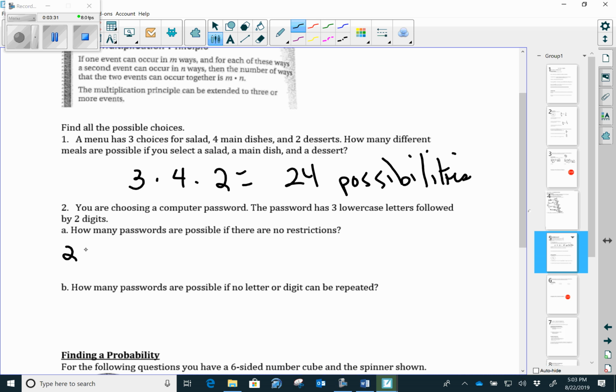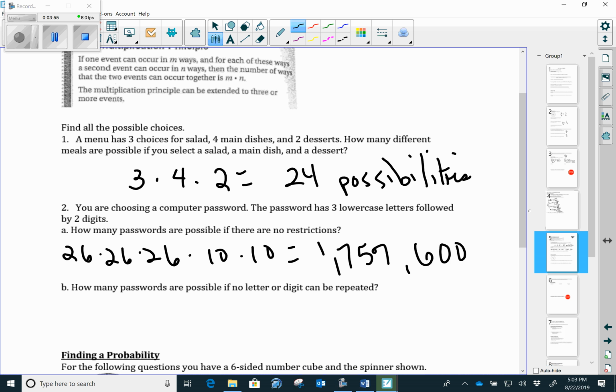So 26 times 26 times 26 times, followed by 2 digits. Well, how many? There's 10 digits. So then you multiply that out, you get 1,757,600. Now you try letter B.